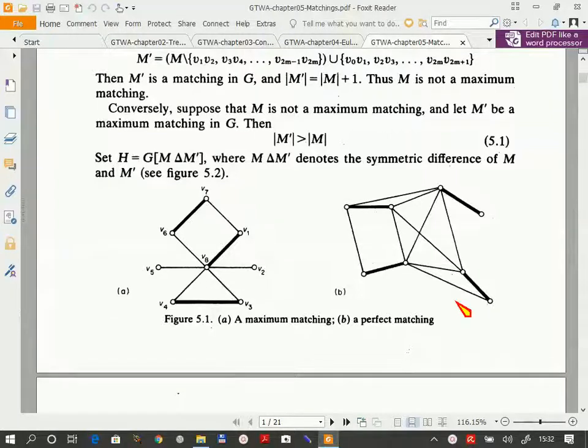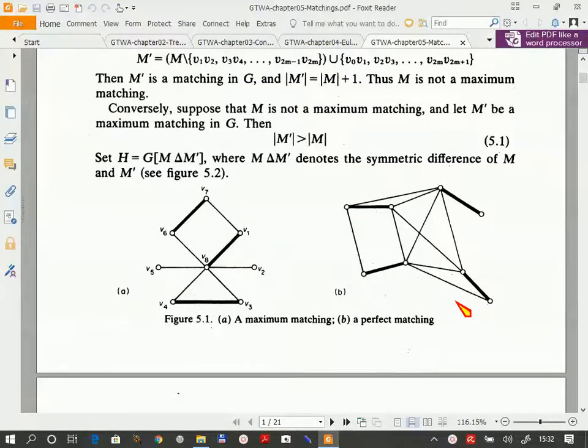Because no two red edges have an end in common. Is it maximal? Yes, why? Because if I add any edge it has already an end in common with one of these red edges. Are you with me?